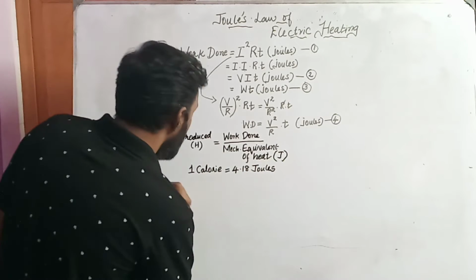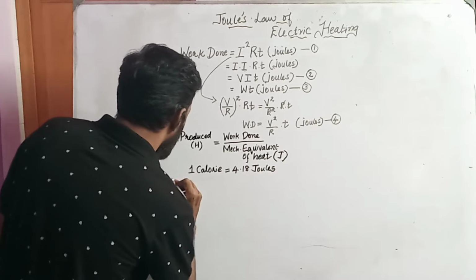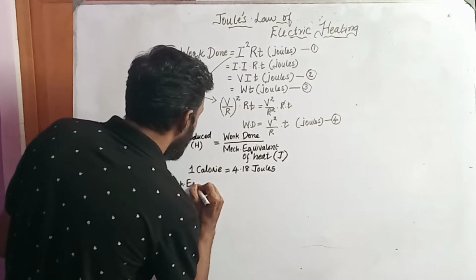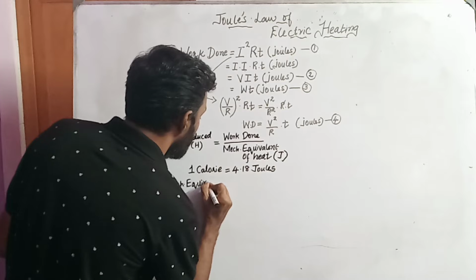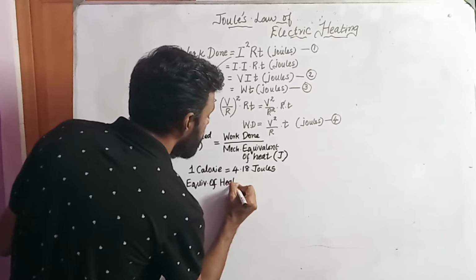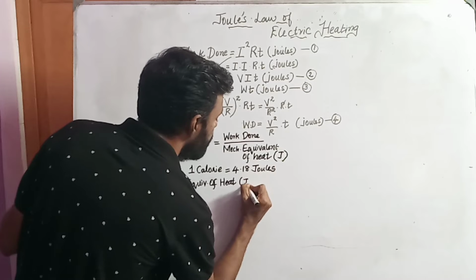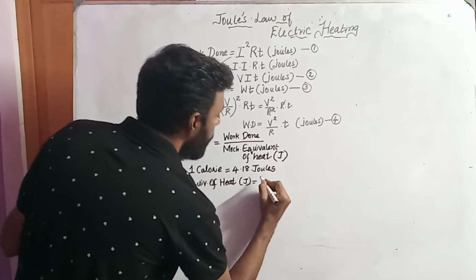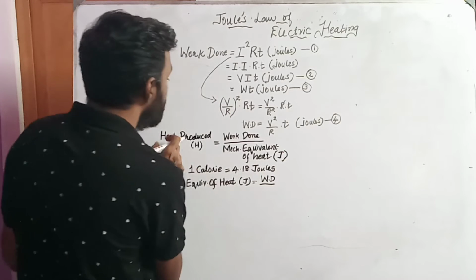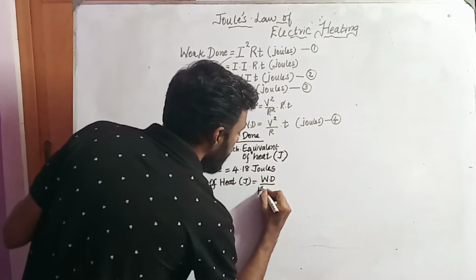So the mechanical equivalent of heat, J, is equal to work done divided by heat produced.